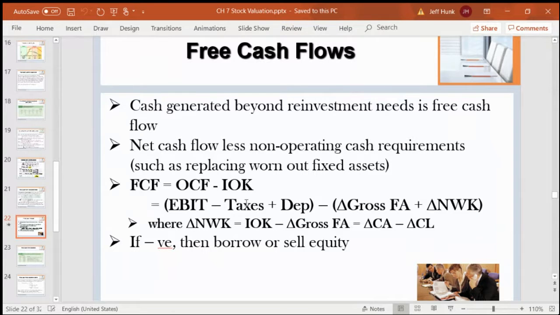So first of all, not all of the EBIT is cash flow to you. Why? Because taxes, you can't touch it. That's something you owe the government, so you can't touch it.